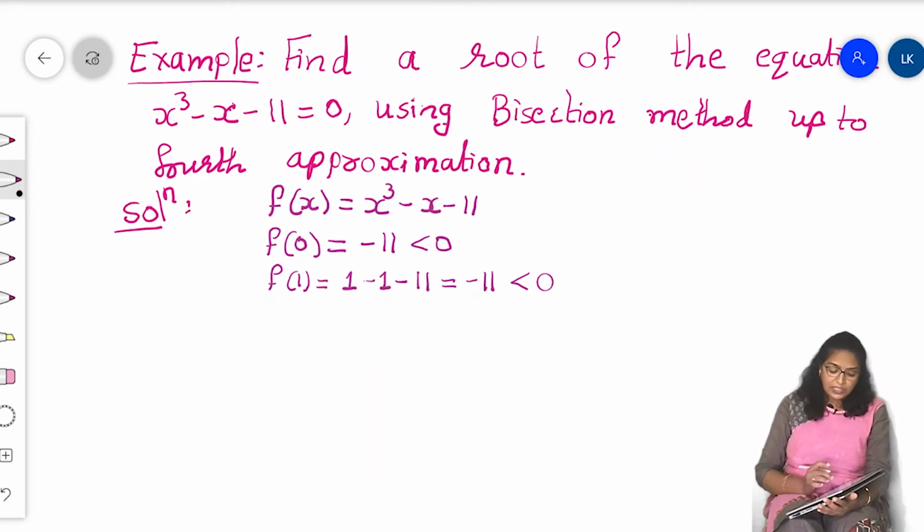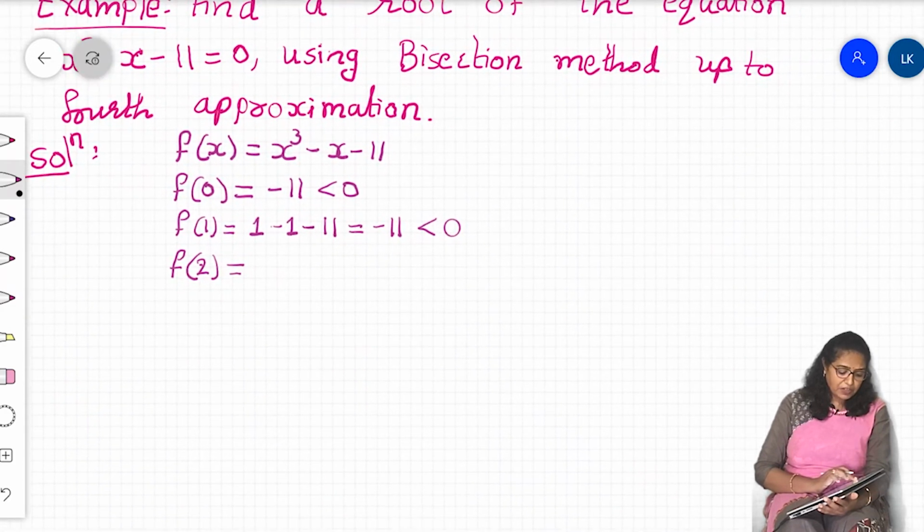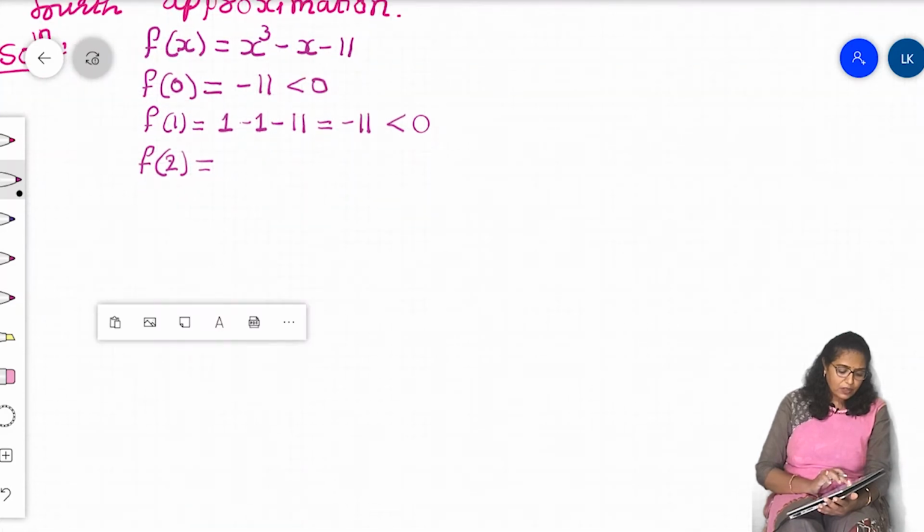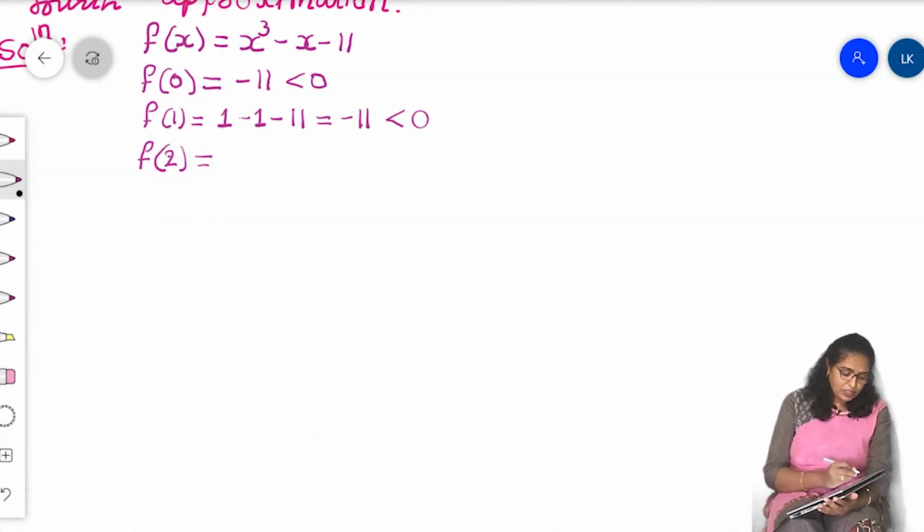Therefore, continue the same process. The next value is 2. Let's put x is equal to 2 in the same equation. The f of 2 is 2 cube minus 2 minus 11. It is 8 minus 13, that is minus 5.